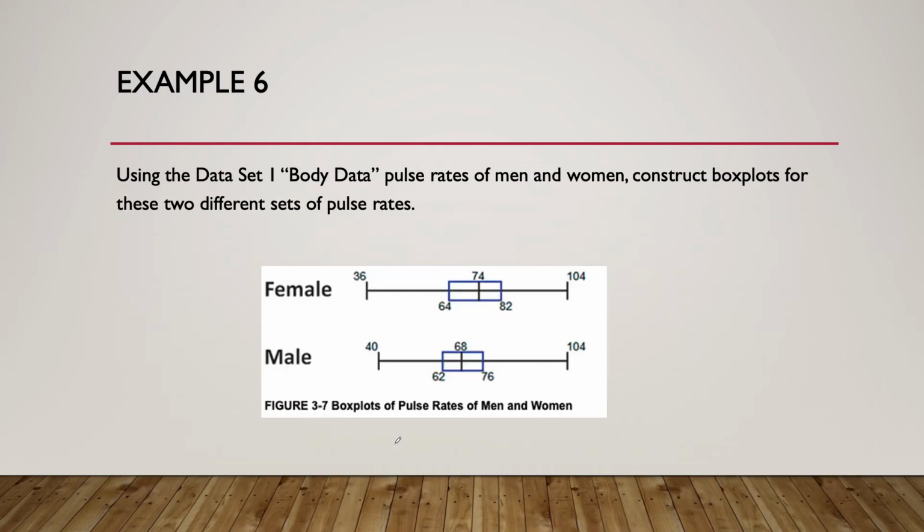For the Data Set 1 biodata data set, the pulse rates of men and women, we constructed a box plot for these two different sets of pulse rates down here. This bottom one, for the males, appears to be symmetric.